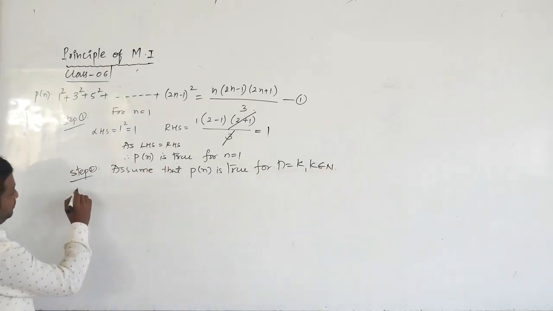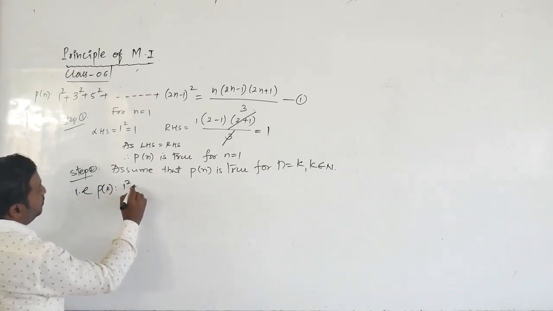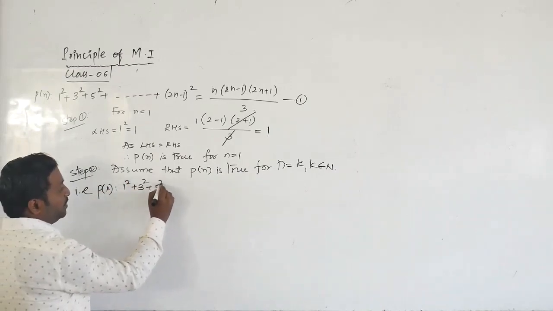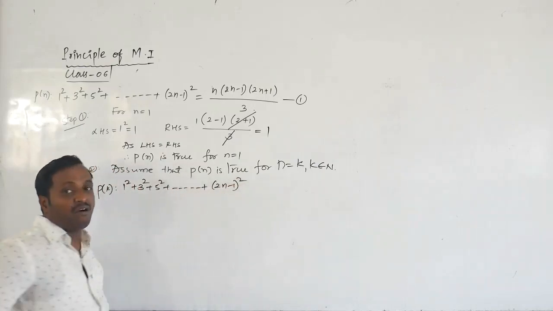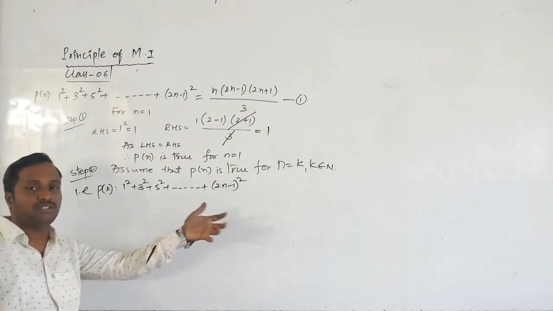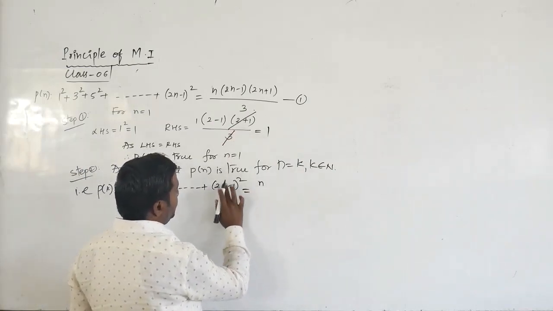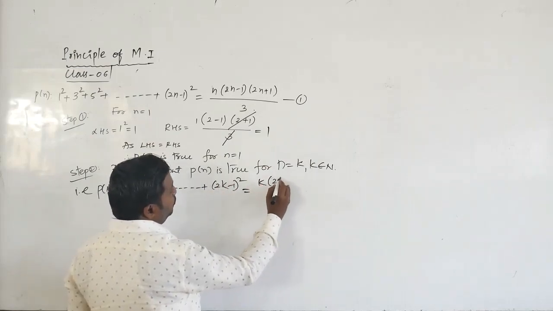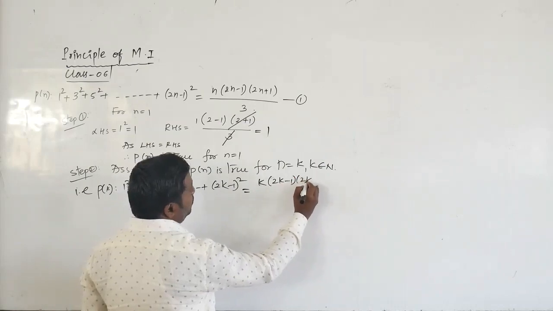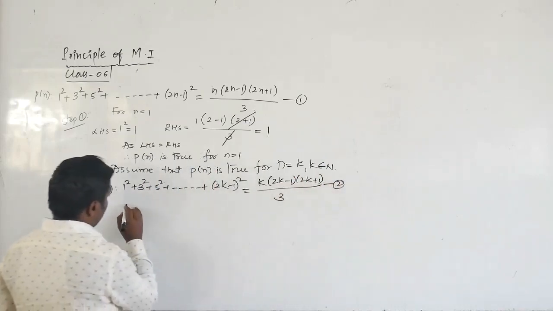That is, P of k: 1 square plus 3 square plus 5 square and so on plus (2k minus 1) whole square, the odd numbers 1, 3, 5, 7, is equal to k into (2k minus 1) into (2k plus 1) by 3. Let's take this as true.